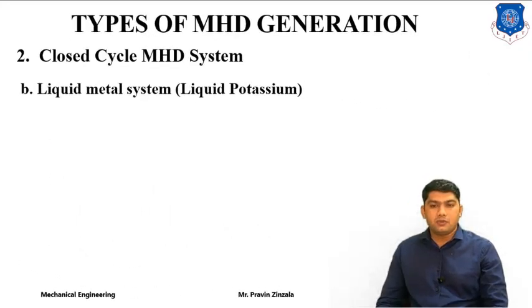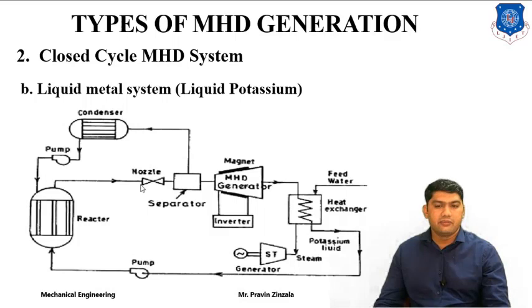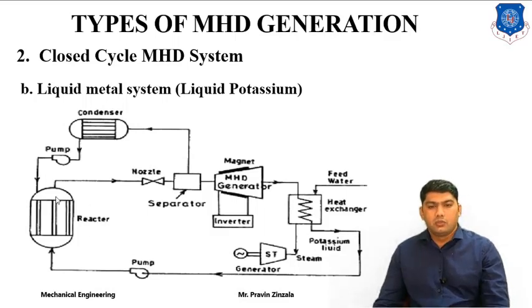The second example of a closed cycle MHD system is the liquid metal system, where liquid potassium is used as the working fluid. For that we require a reactor. The reactor will supply heat to the liquid potassium. It will be passed to the nozzle to increase the velocity.